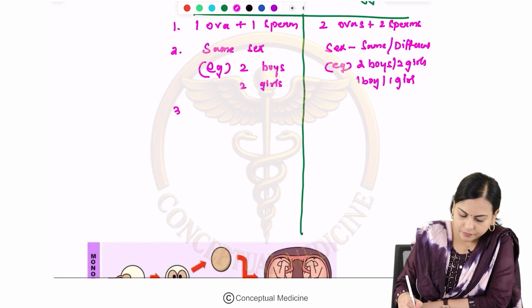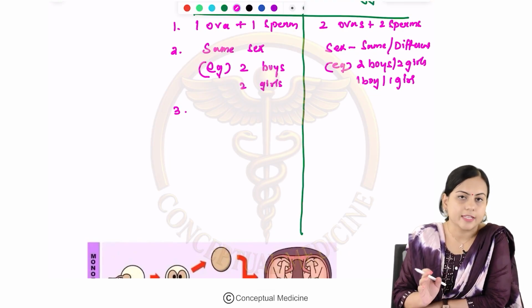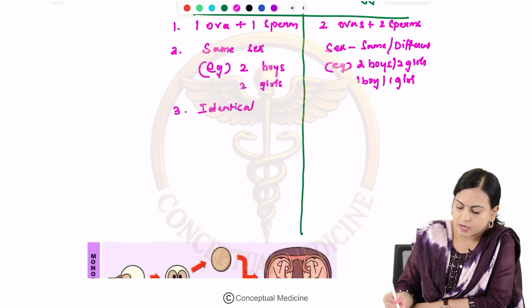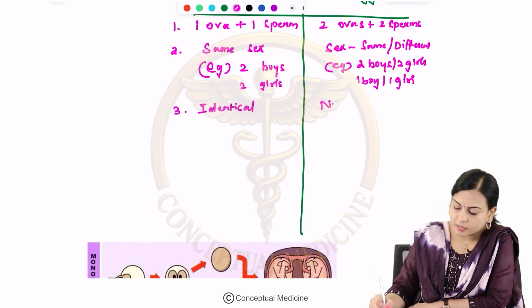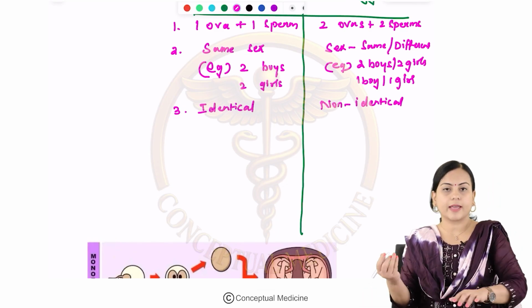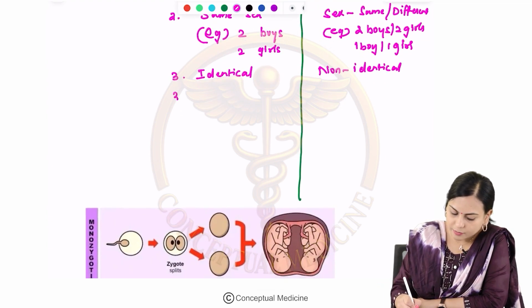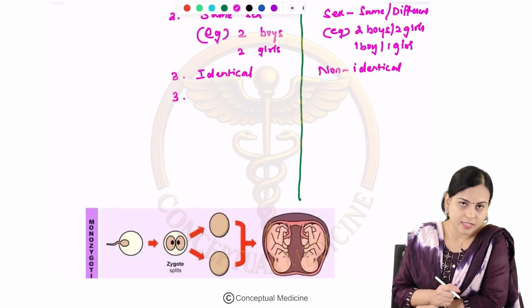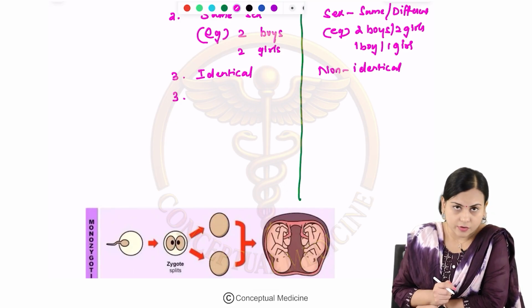And next one, so usually if you see the phenotype of these children as they grow, they will be identical to each other. Okay. Whereas in dizygotic, they are not that much identical. So, they are non-identical twins. They will look just like siblings. Okay. And that is why monozygotic twin pregnancy is also called identical twin pregnancy, whereas dizygotic twin pregnancy is also called non-identical twin pregnancy.